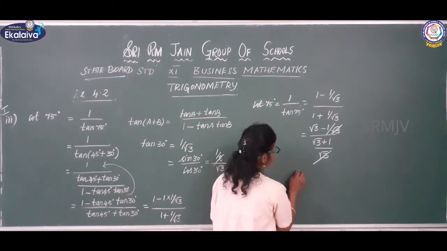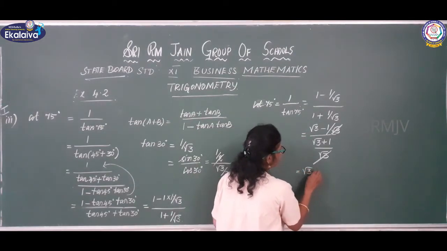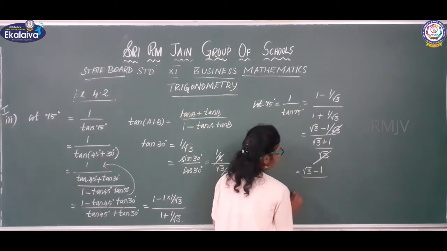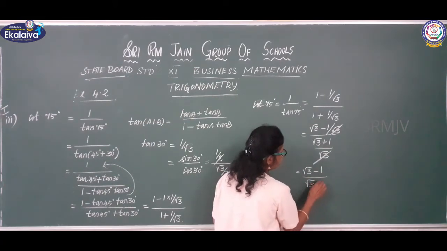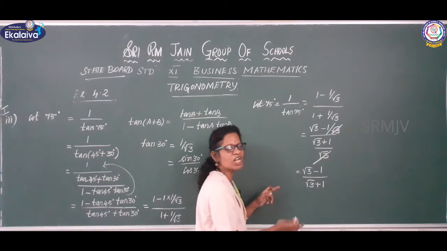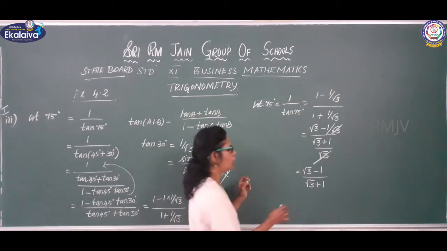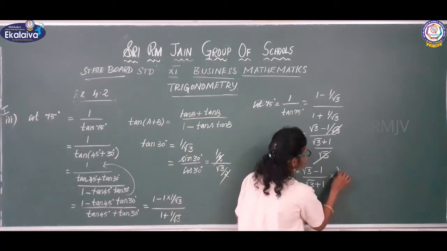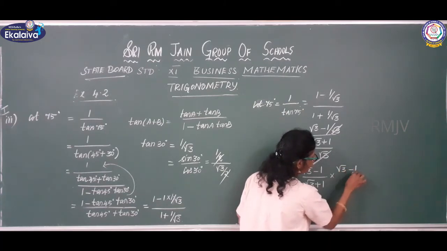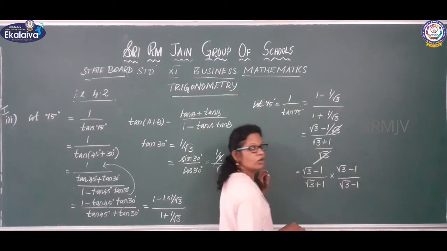Now you are going to rationalize the denominator. How to do that? Root 3 minus 1 divided by root 3 plus 1. Rationalize the denominator, I said. So what you are going to do? Multiply by root 3 minus 1 divided by root 3 minus 1. Right?